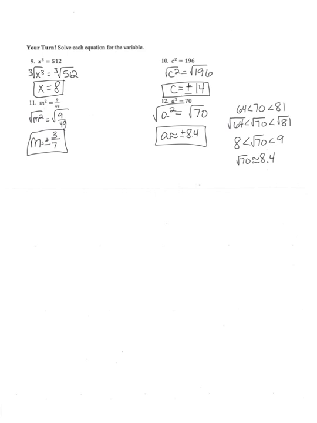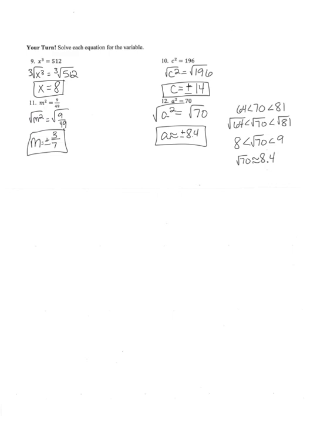Now, one last thing to add before you wrap up these notes: in all of the problems where we were estimating the square root, I want you showing the steps just like I've shown you here, where I started out by just writing 64 as a perfect square, showing that 70 is greater than 64 as a perfect square, but less than the perfect square of 81.